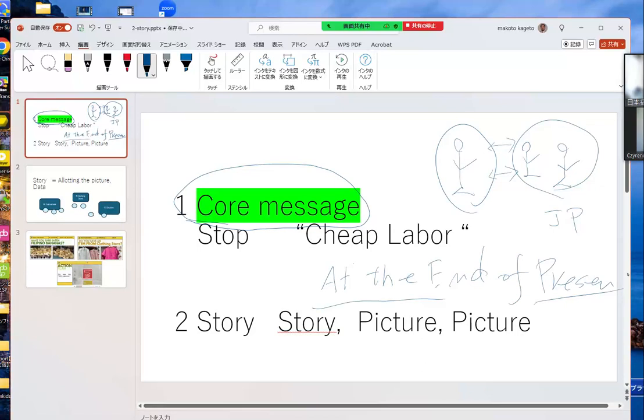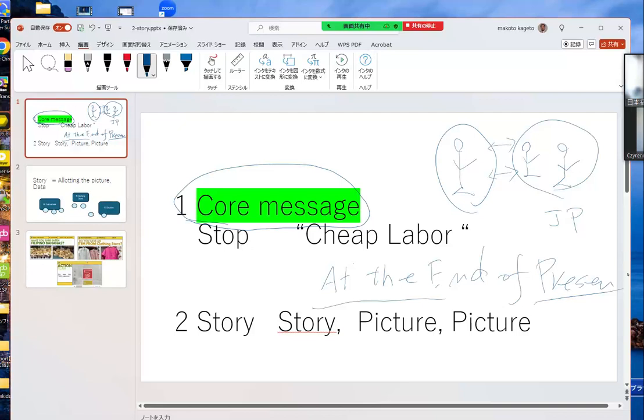So a core message is something that can be used at the end of the presentation, because that is what will stick in the hearts and minds of your audience. That is like your branding. They will remember you for your core message.